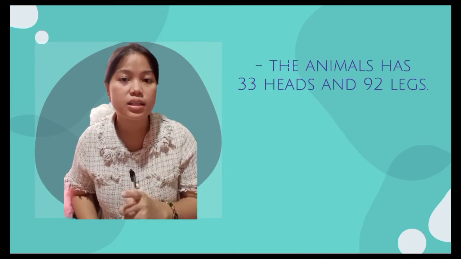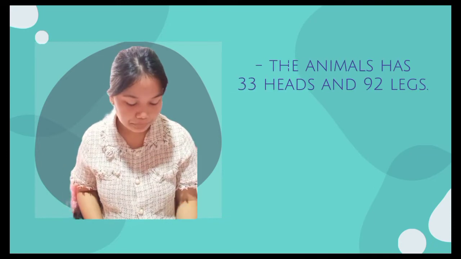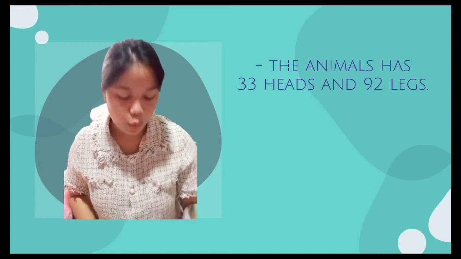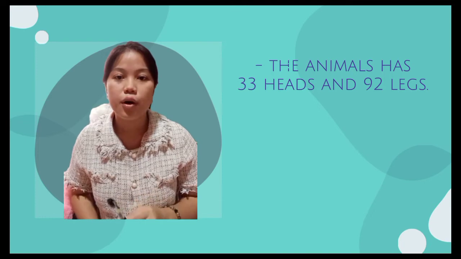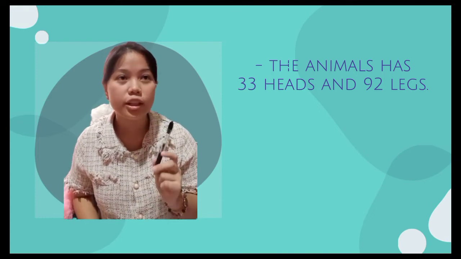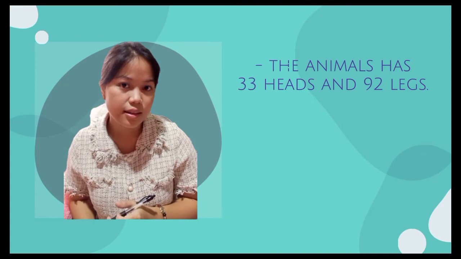So first, let us identify the facts. There are animals, chickens and cows, but there is no exact number of them. And the only clues are that the animals have 33 heads and 92 legs. So suppose that 33 is the number of heads.